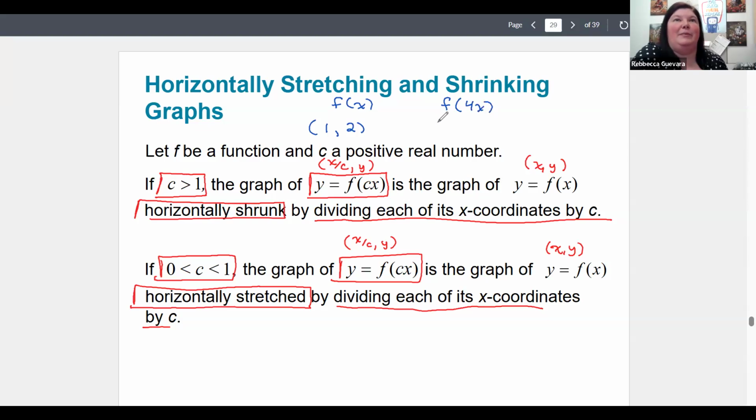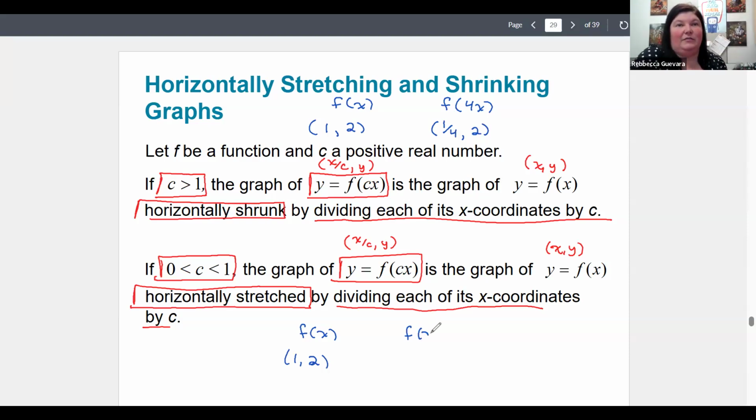Well, that means what's going to happen is that we're going to take that 1 and we're going to divide it by 4. That point is going to turn to (1/4, 2). Down here, if f(x) is the same point of (1, 2), this is how we're seeing that shrinking there because my x's are getting smaller.